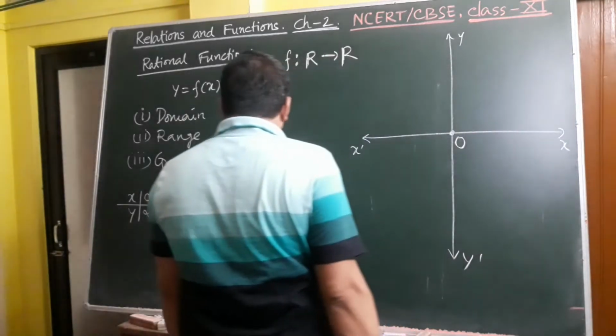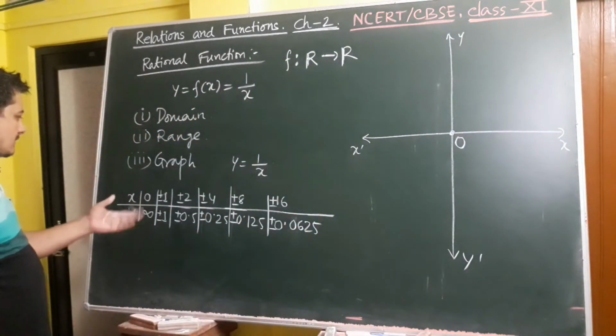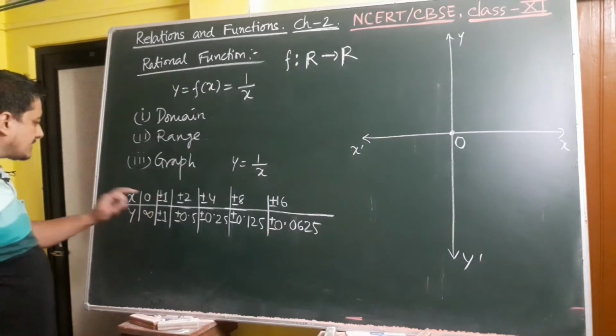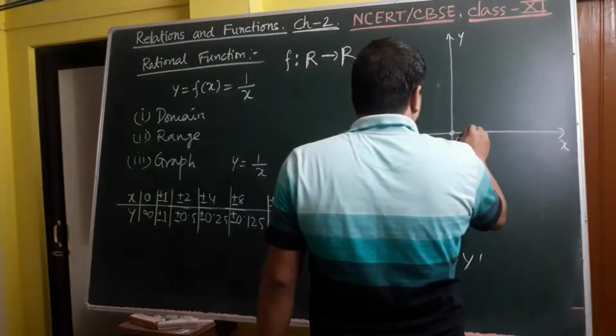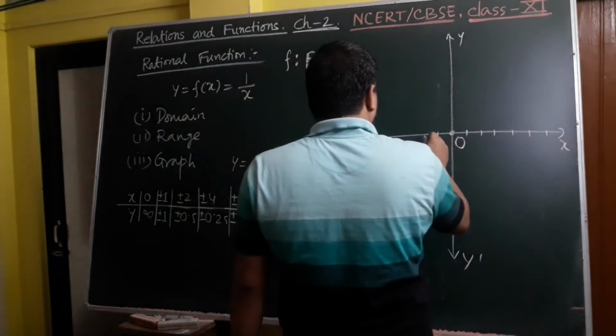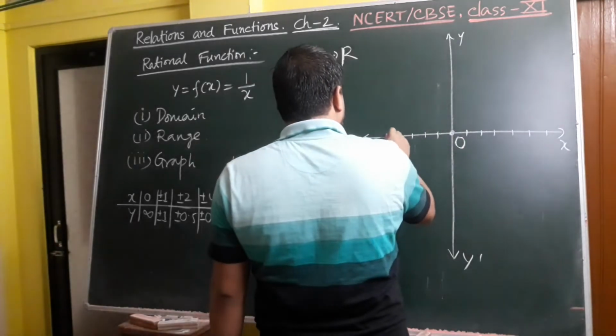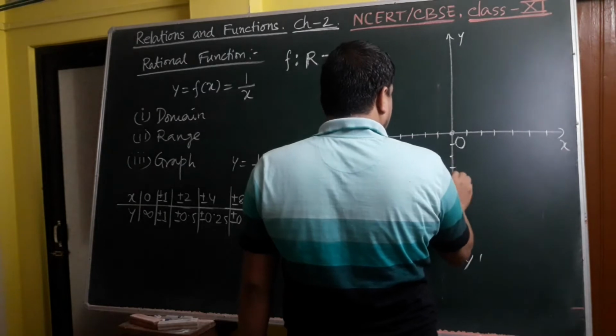Now you see 0 is not defined, so I'll ignore this one. So plus 1 will be plus 1. If I take 1, 2, 3, 4, 5, 6 like this, and minus 1, minus 2, minus 3, minus 4, minus 5, minus 6.